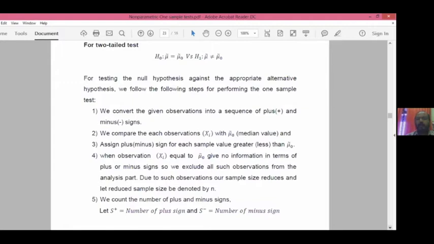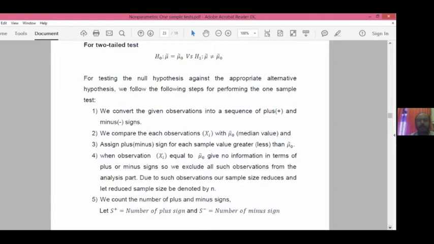Third, we assign a plus sign for each sample value greater than mu naught and a minus sign for each less than mu naught. Fourth, when an observation xi equals mu naught, it gives no information in terms of plus or minus, so we exclude all such observations from the analysis.